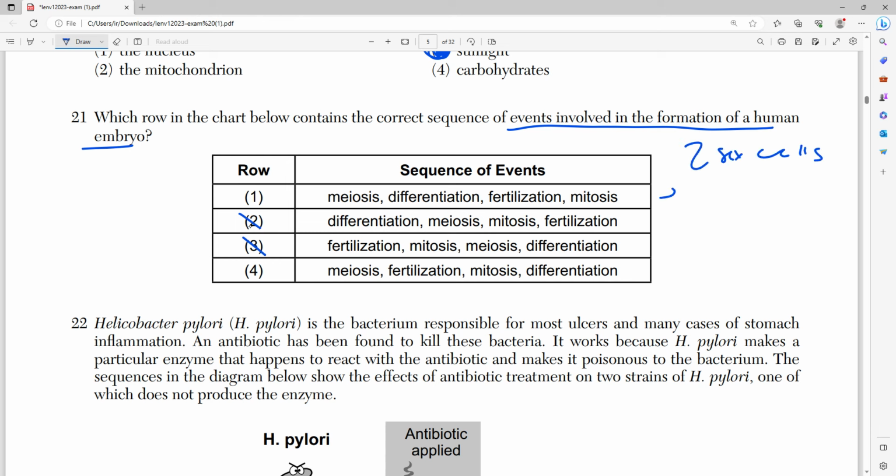You need an egg and you need a sperm, so you need to produce them. The first thing that needs to happen is the production of those 2 cells, and that's called meiosis. So we're going to choose the 2 choices that have meiosis first.